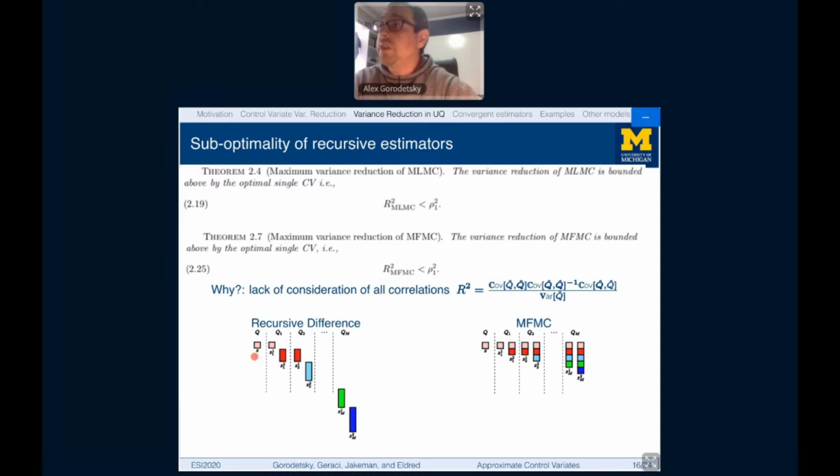Because really the thing that matters in control variates is the correlation between the estimators that make up the first column of these sampling schemes. Remember, if these first columns are correlated, then the control variate achieves its maximum reduction.